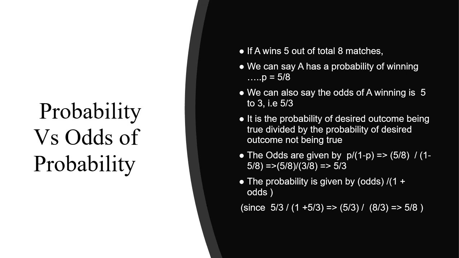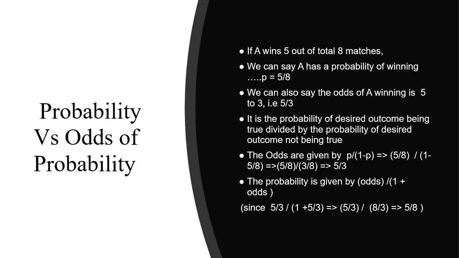When you say probability, you have the total matches in the denominator and the number of wins in the numerator. Whereas in the odds, it is the favorable situation divided by the unfavorable situation. That is 5 wins by 3 losses. So 5 by 3.